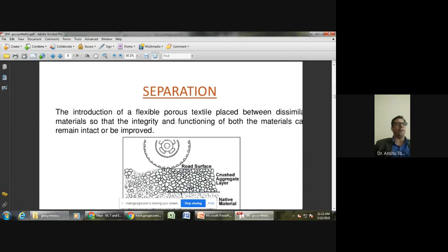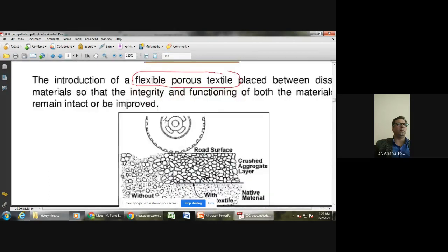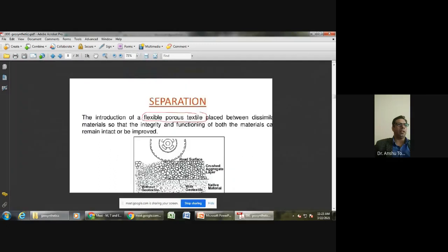Separation: the introduction of a flexible porous textile, which is geotextile, placed between dissimilar materials so that integrity and function of both the materials can remain intact or be improved. Now you can see here these two layers have got two different functions to be performed.